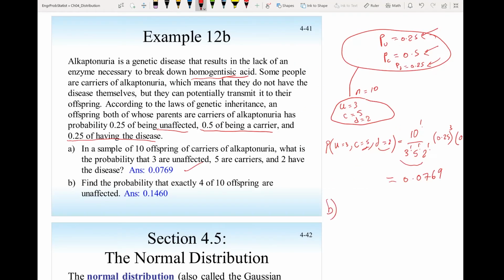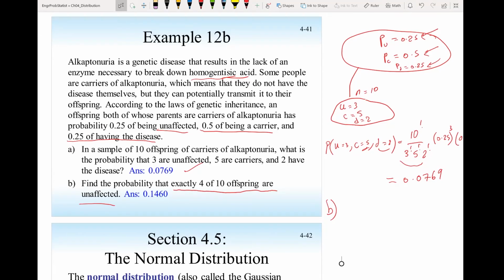Now part B, find the probability that exactly 4 of 10 offspring are unaffected. So they don't care about carrier and disease. They just want to know the probability that 4 of the 10 are unaffected. So the other 6 could be all disease, all carrier, or 50-50. They don't care.